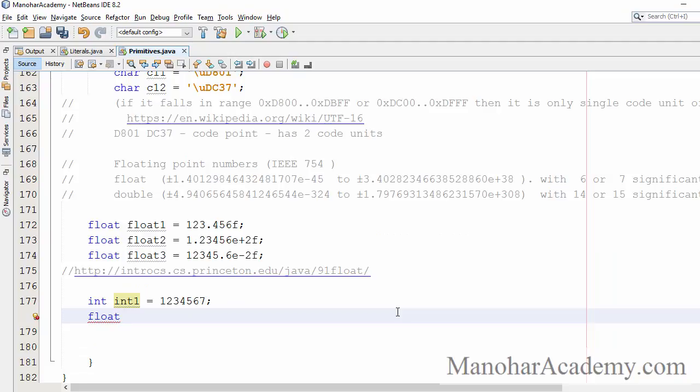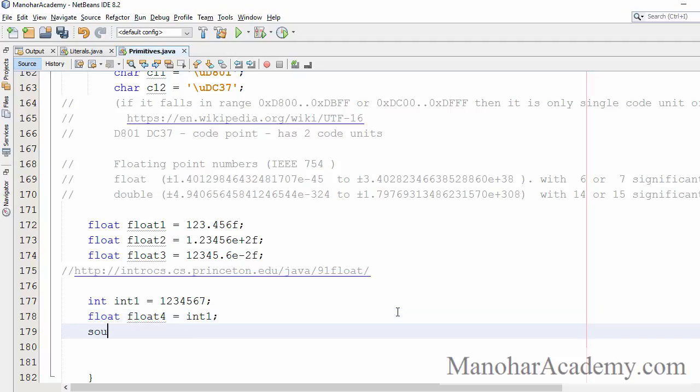Float 4 equal to, I'm going to assign that integer value. Let me print this float value. We want to print float 4. Let's see. I assigned 1234567.